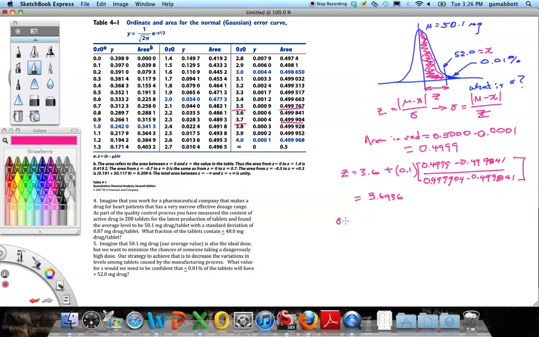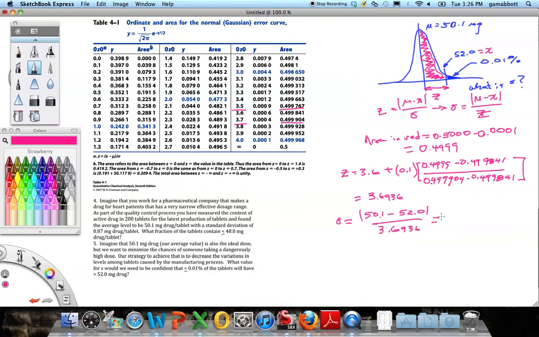So sigma is equal to the absolute value of mu minus x, 50.1 minus 52.0, divided by the value of z we've just calculated, 3.6936.